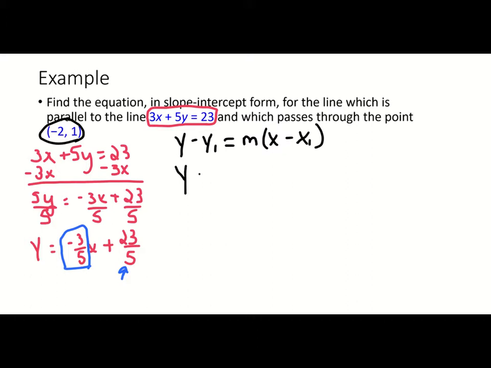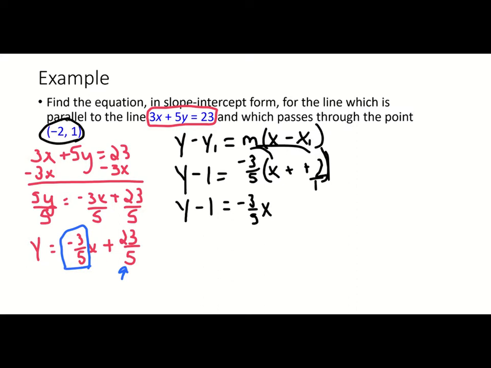So it's going to be y minus 1 is equal to our slope, -3/5, times x minus a -2. Remember that becomes plus a positive there. Now we are going to simplify. So we have y minus 1 equals, I'm going to distribute, -3/5 x, and then 2 over 1 times -3/5 will give me -6/5.